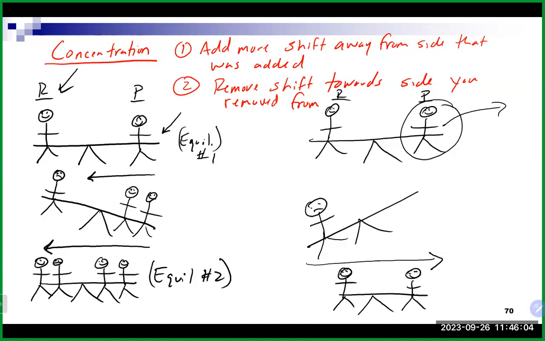So again, the same idea is in play here. When I remove my products, the only stuff that's available is a lot more reactants, which is going to kick off the forward direction. The same thing happens if we added more reactants.